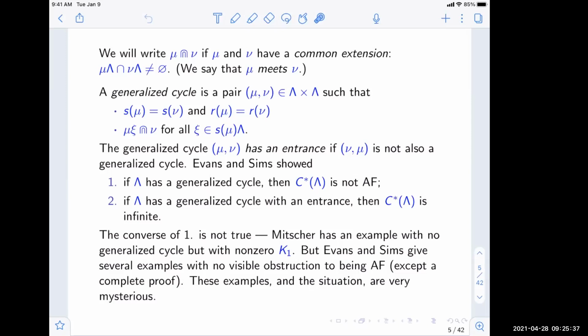Now, these are not necessary conditions. They're sufficient. They're one-way streets, right? In fact, Mitchell showed that the converse of one is not valid. So he has an example of a higher rank graph with no generalized cycle, but non-trivial K1.